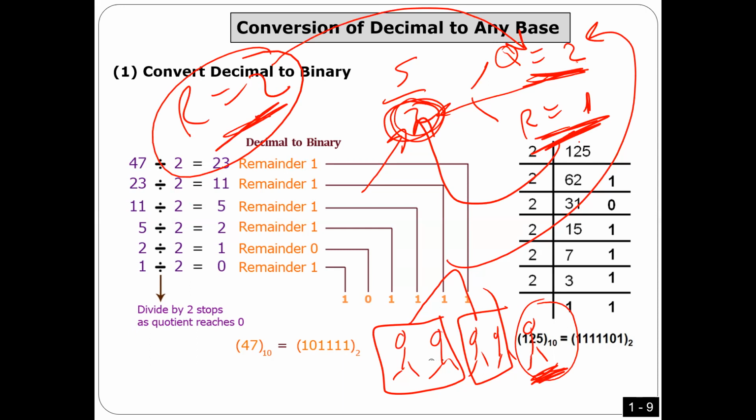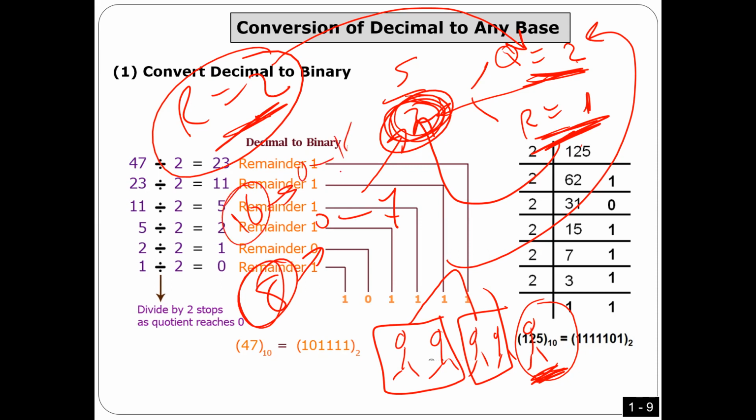So the remainder always has to be less than the number you are dividing by. In our case, because we divide by 2, the remainder is always either 0 or 1. What if I divide by 8? As I'm going to explain later, if I divide by 8, the remainder should be from 0 to 7, because we are making groups of 8. If I divide by 16, it should be from 0 to 15.